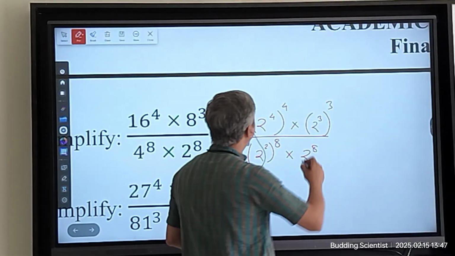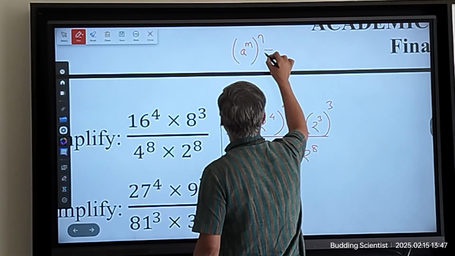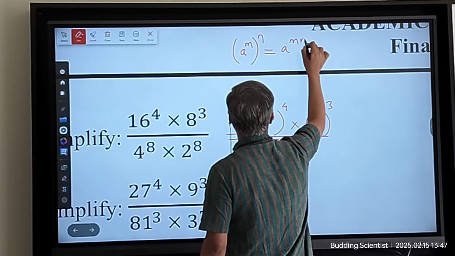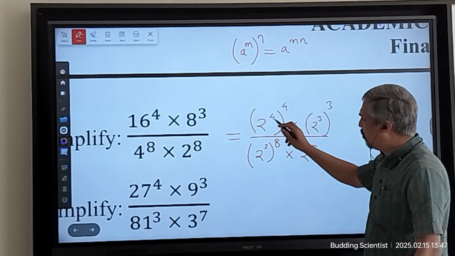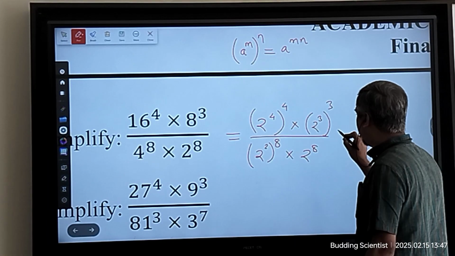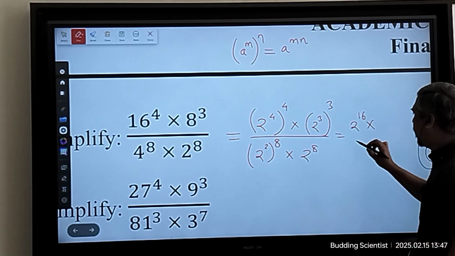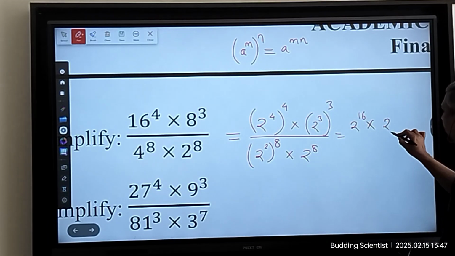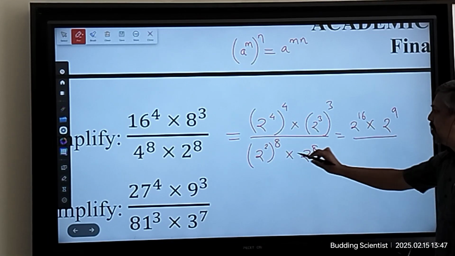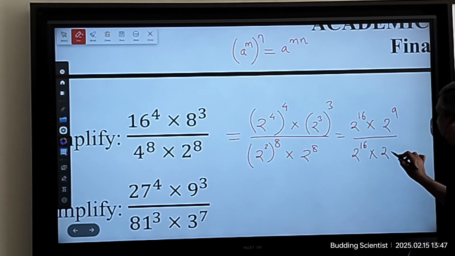After that we know that the formula is a raised to m bracket raised to n is equal to a raised to m into n. 2 raised to 4 bracket raised to 4 is equal to 2 raised to 4 into 4, which is 2 raised to 16, multiplied by 2 raised to 3 bracket raised to 3, which is 2 raised to 3 into 3, that is 2 raised to 9, upon 2 raised to 16 into 2 raised to 8.